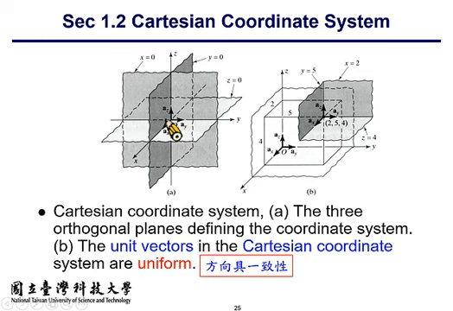Suppose that in this classroom, I define the x direction is over here. It's pointing towards this direction. Y direction is over here. What is the z direction? Well, it can be found by taking the right-hand square rule. So z direction is pointing upward. Okay?